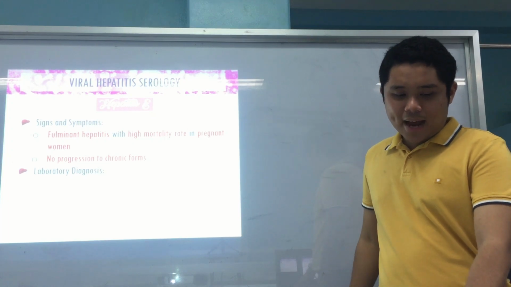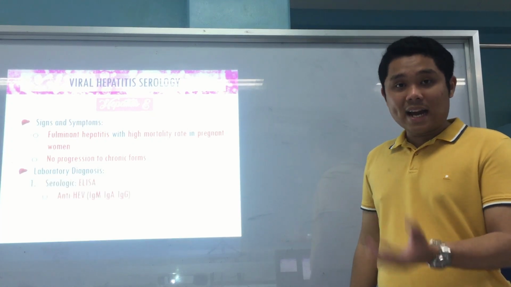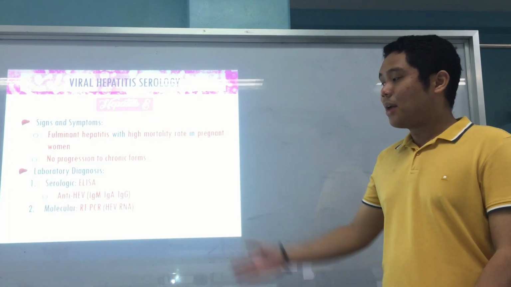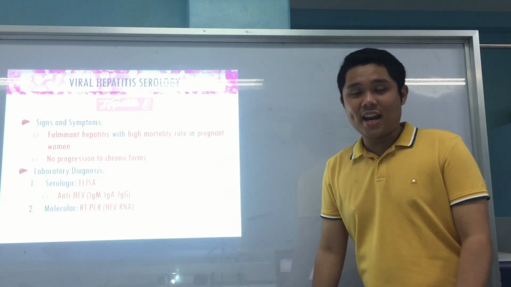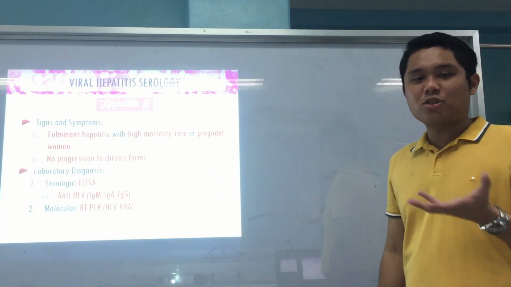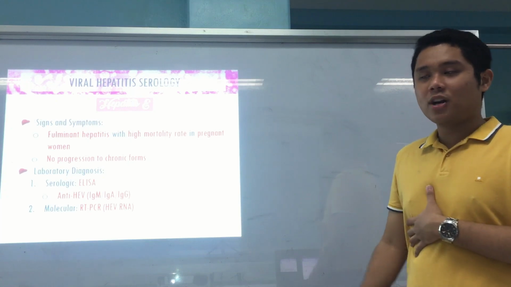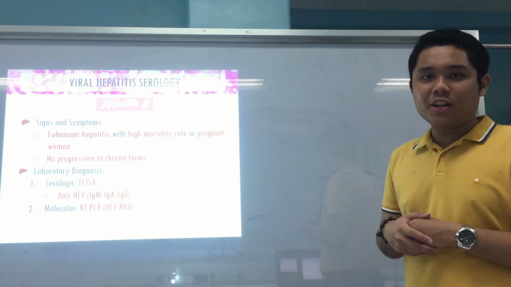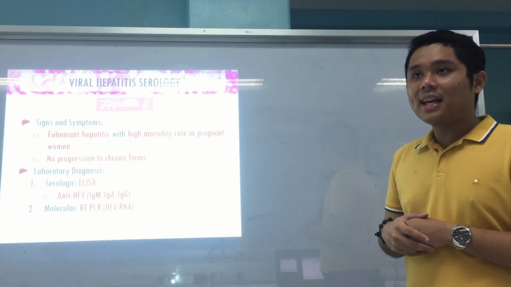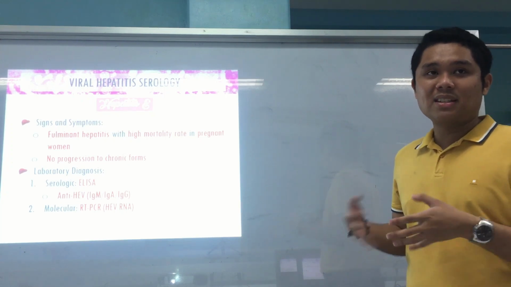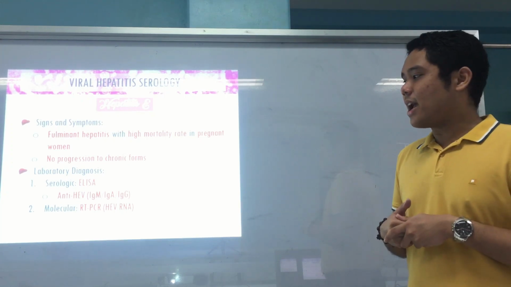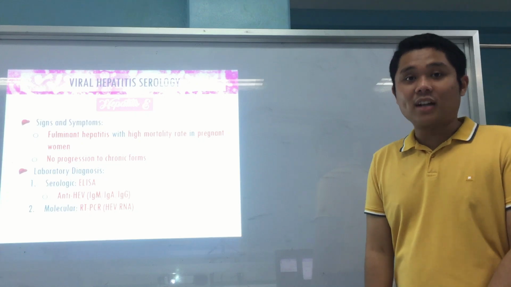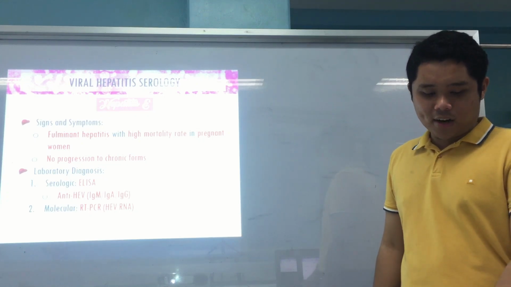Okay, for lab diagnosis, serologic is of course ELISA. We detect antibodies: IgM, IgA, and IgG. So the interpretation is still the same: IgM is acute, IgG is past infection. For IgA, I'm not entirely sure what it is tested in, but I think it's for pregnant women, in secretions and all that. For molecular, it is of course RT-PCR to detect the RNA of the virus.